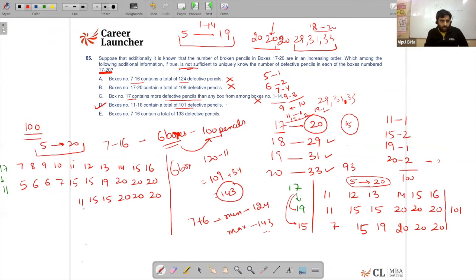So we need another 32, so 9, 9, 9, and 5. So again, that is also one of the possibilities. And in this case, what we are left for box 17 is 19 pencils.